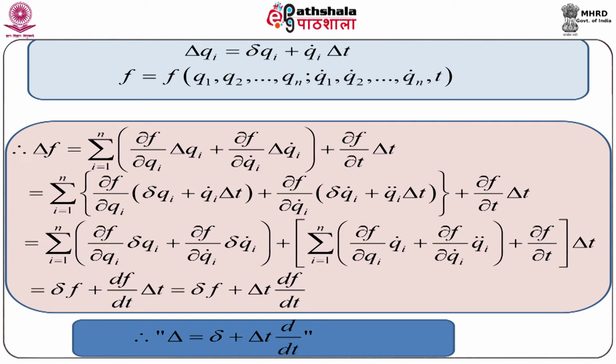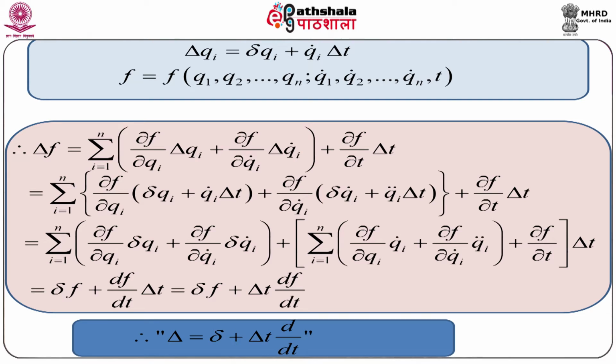Please note that we are considering the change triangular delta of f. As f depends on qi, qi dot and time t, we get this result using the chain rule.